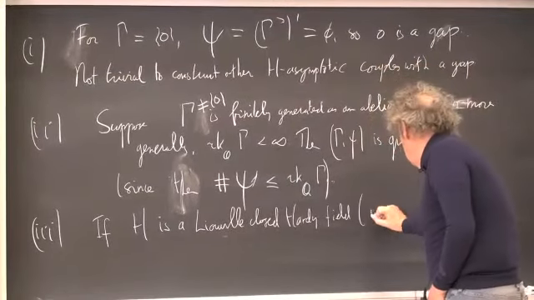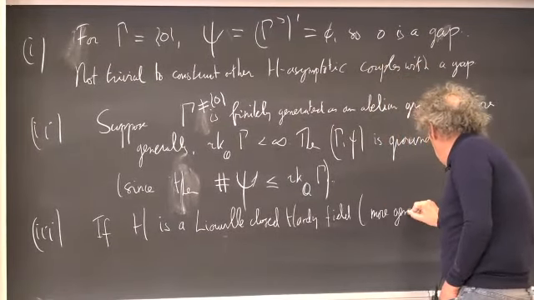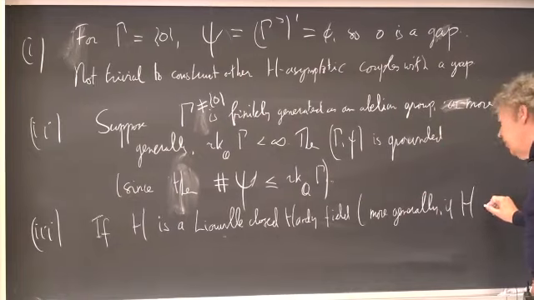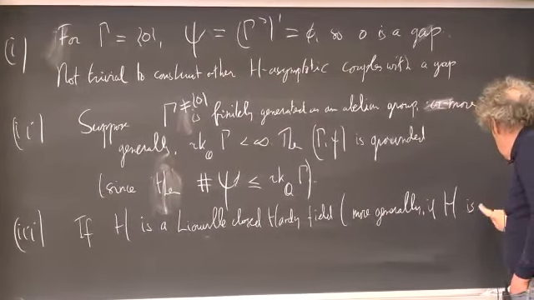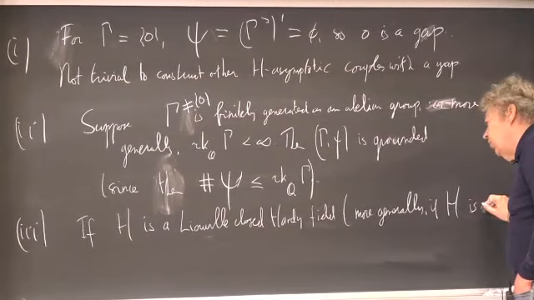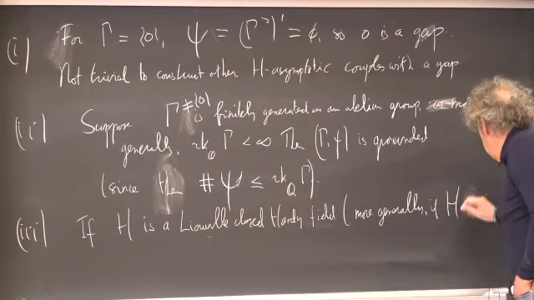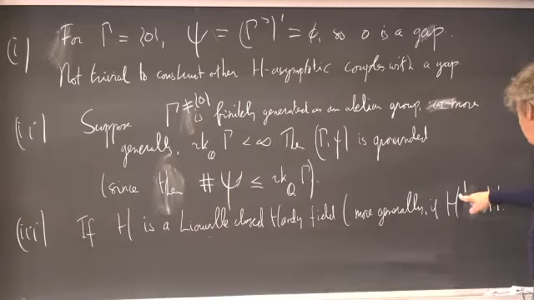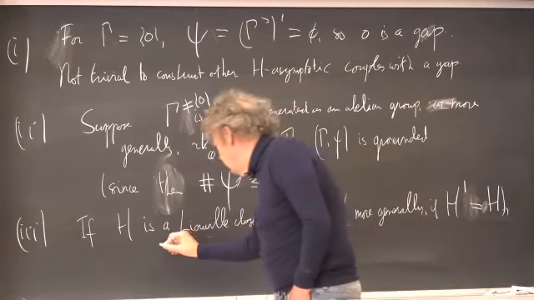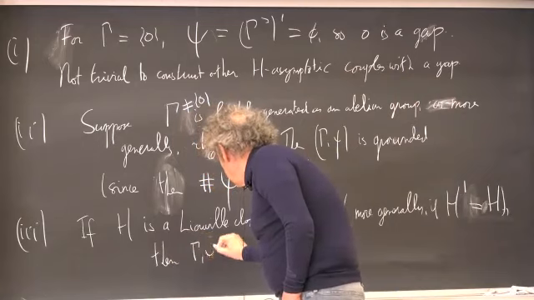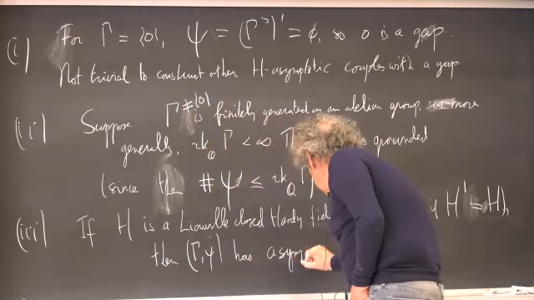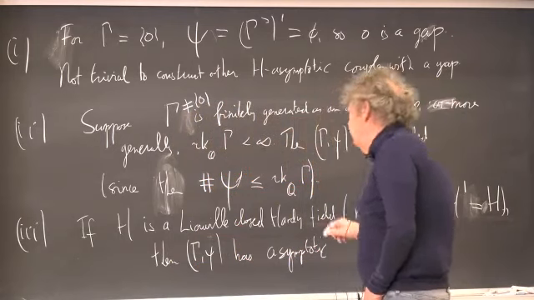Or more generally, if H is integration closed, H prime equals H. That's one way to express it: every element in H is the derivative of something in H. Then it has asymptotic integration.